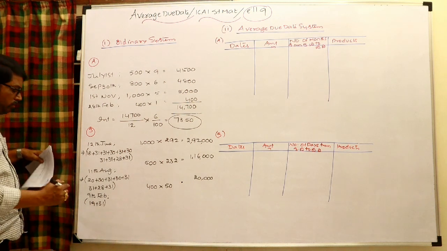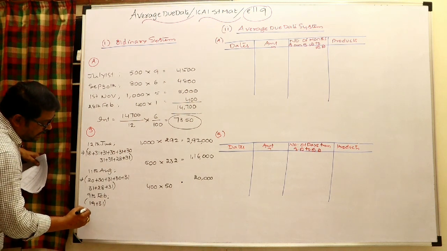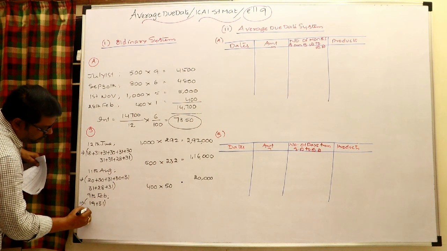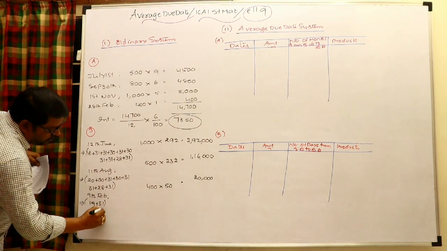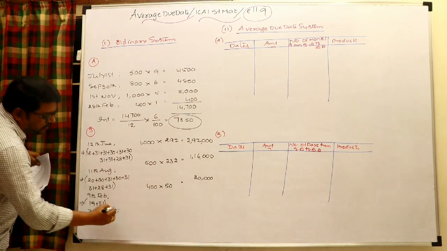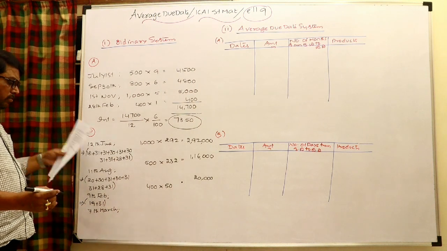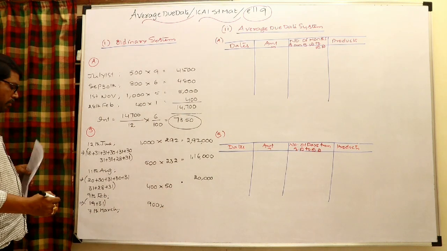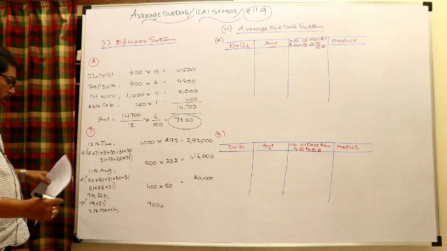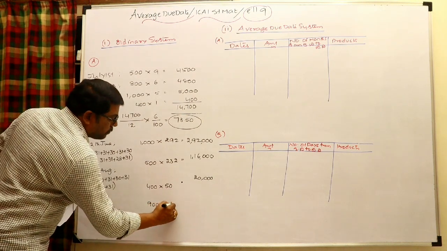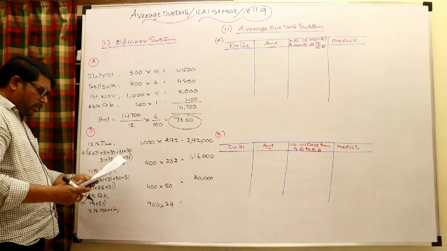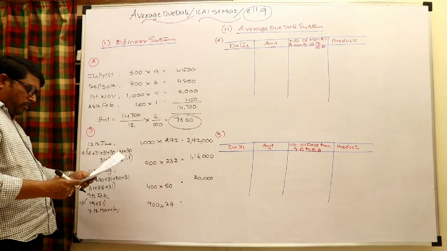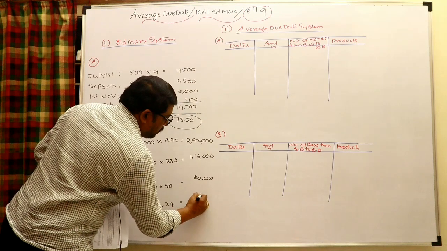And lastly, amount withdrawn on 7th March is 900 into number of days, obviously 24 days are there. 900 into 24, the product amount is 21,600.